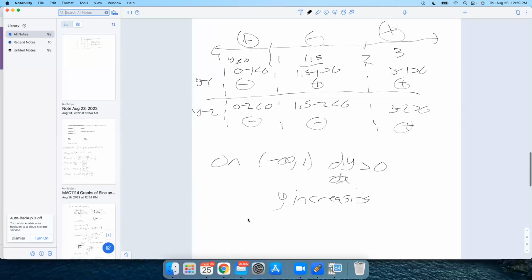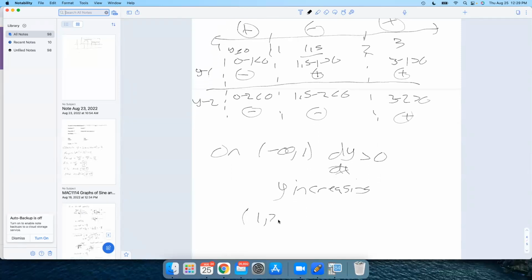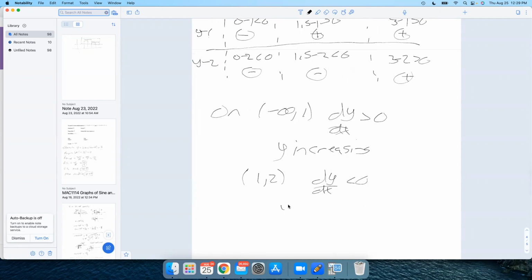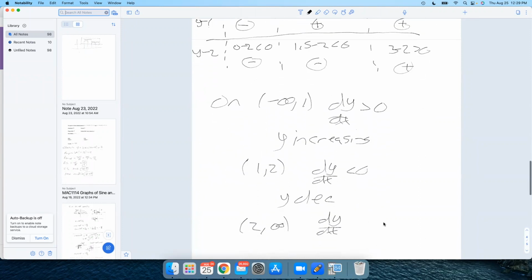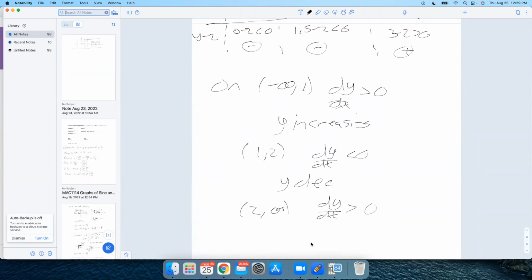In this middle section, from 1 to 2, the derivative was negative. If the derivative is negative, then the original function must be decreasing. And similarly, from 2 to infinity, the derivative was positive again. We got that right here. So y must be increasing.